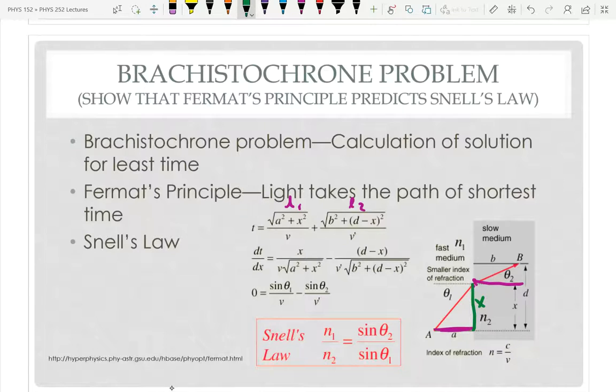So that's A, that's X, square root of X squared plus A squared is the hypotenuse. This other one, this is D minus X. So B squared, whoops, put square because I said it, B squared plus parentheses D minus X squared, square root is the hypotenuse.